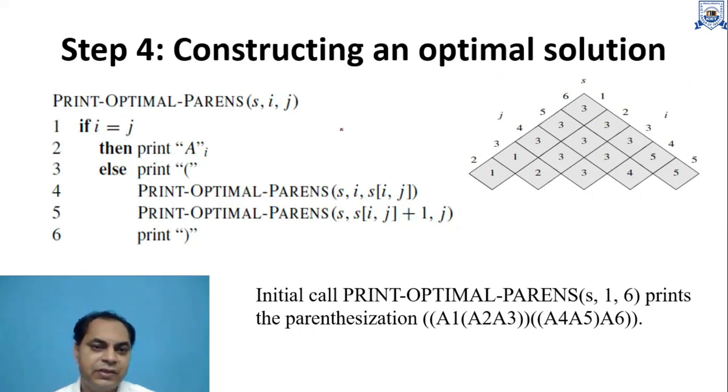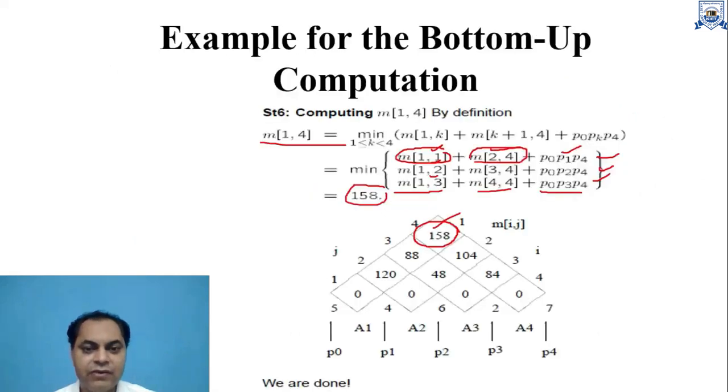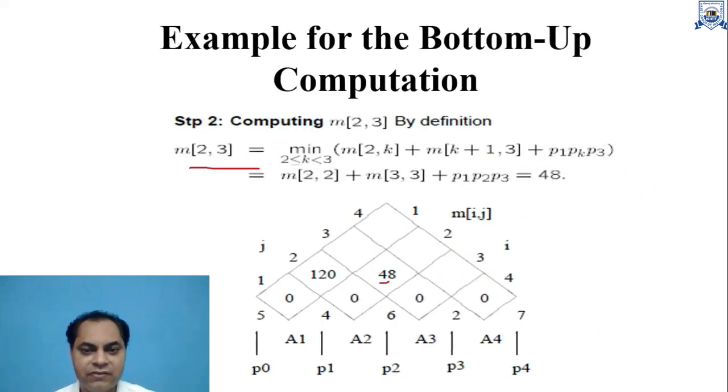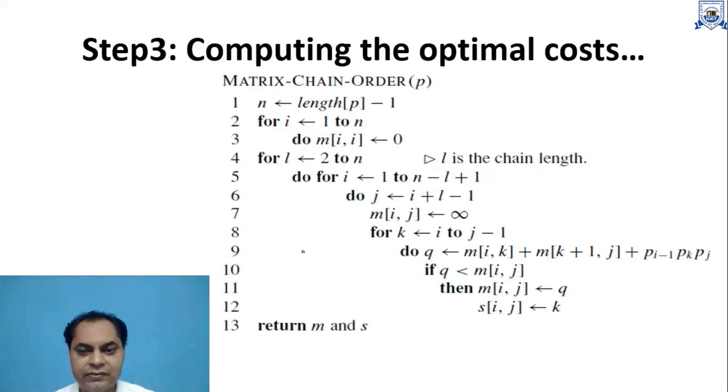As we already discussed, let's see our algorithm once again. We maintain an additional data structure S which stores the value of k for that particular minimum number of scalar multiplications. That means the value of k is stored.